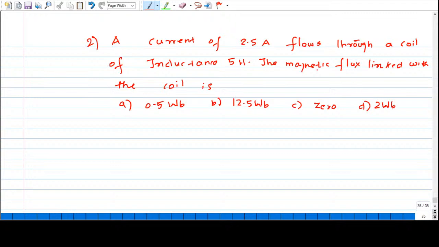So this question is also so important. Please note it down. Let us go for the solution.